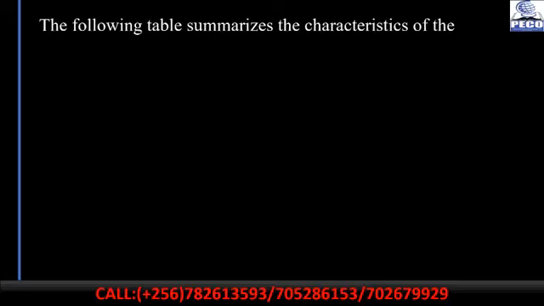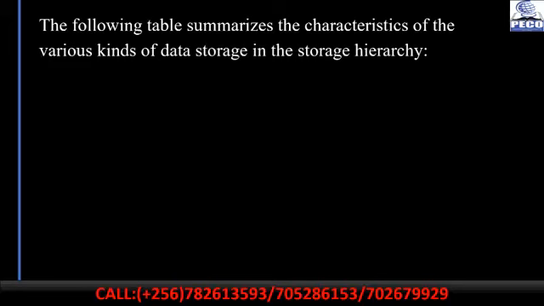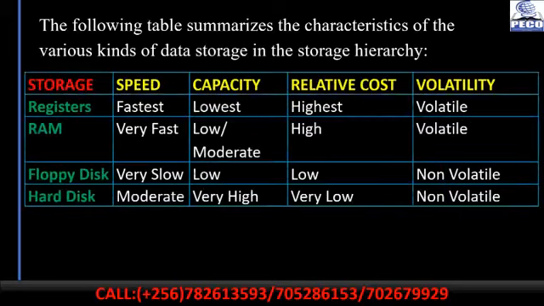Now, the following table can summarize the characteristics of the various kinds of storage in the storage hierarchy. Look at the table. Here we have storage: registers, RAM, floppy disk, hard disk. They show you that registers are the fastest. They are very fast, but storage capacity is very low, the lowest.